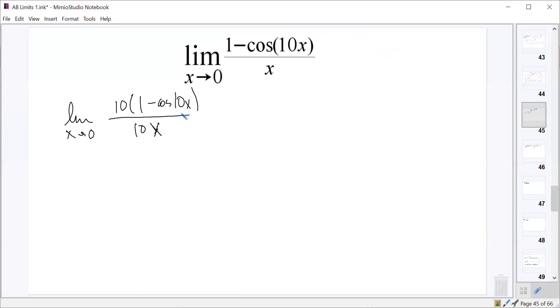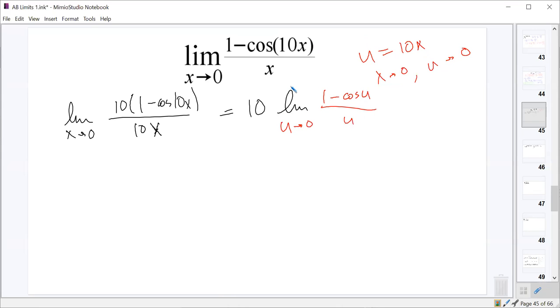Because that way, at least I've got the 1 minus cosine u over u, and I can pull that 10 out into the front. And if I wanted to make that substitution where u is equal to 10x, as x approaches 0, u would be approaching 0 also, and we'd have 10 times the limit as u approaches 0 of 1 minus cosine u over u.